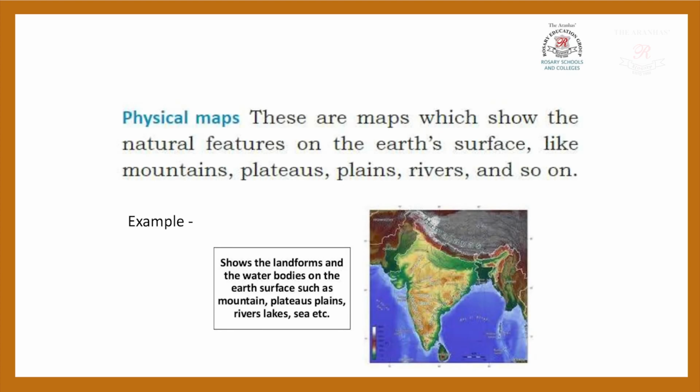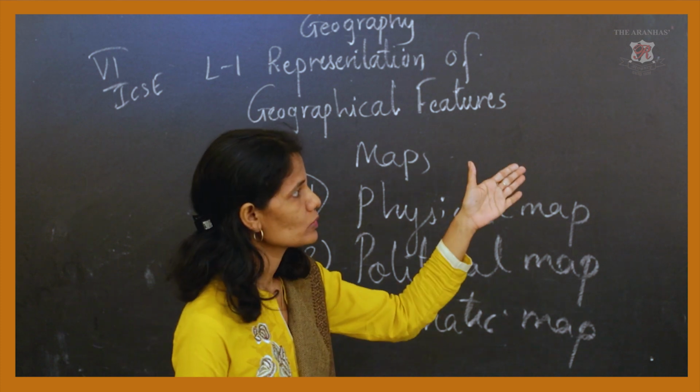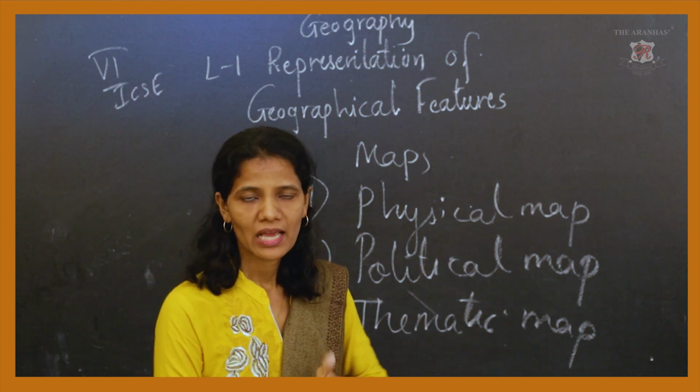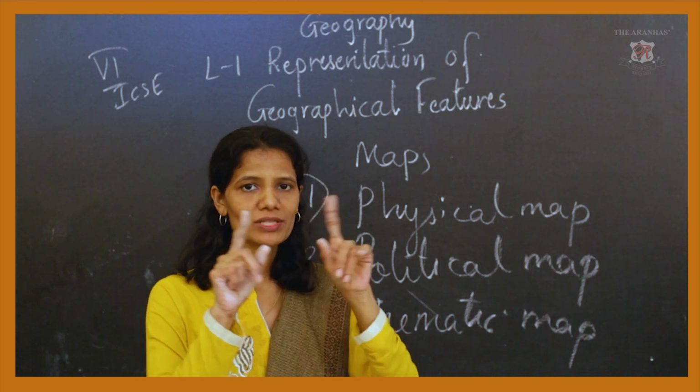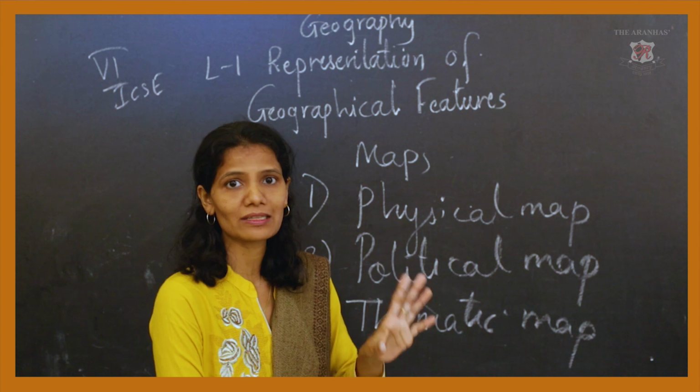Physical maps are the maps which show the natural features on the Earth's surface like mountains, plateaus, plains, rivers and so on. So if you are studying about the mountains, plateaus, plains, rivers, that particular map is called a physical map, showing the physical features.